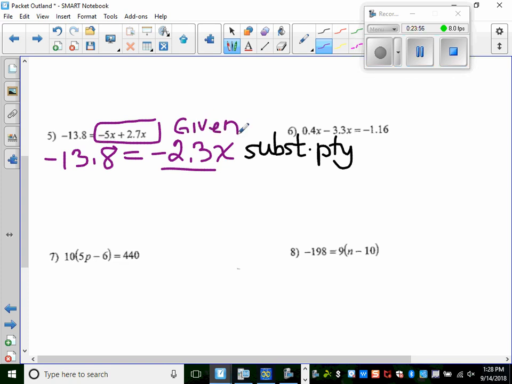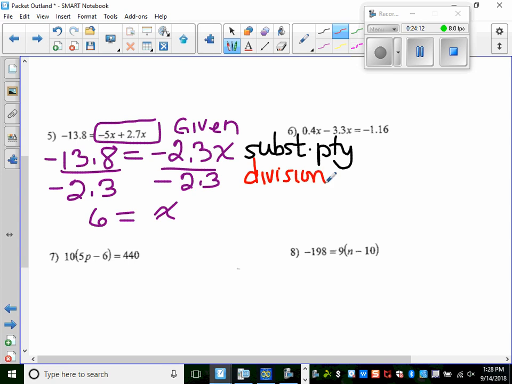Don't forget to write given. All right, so you guys use those calculators to divide so we don't get the wrong answer this time. All right, so 6 equals x. We just did the division property when we divided. And then when we got 6, what did we do? Substitution. Very good.